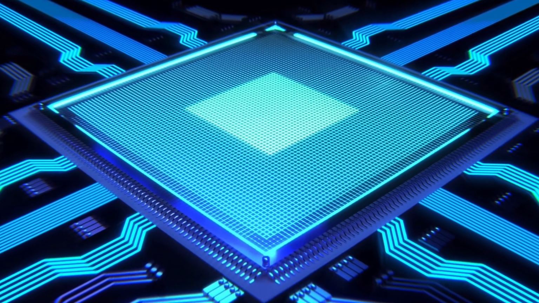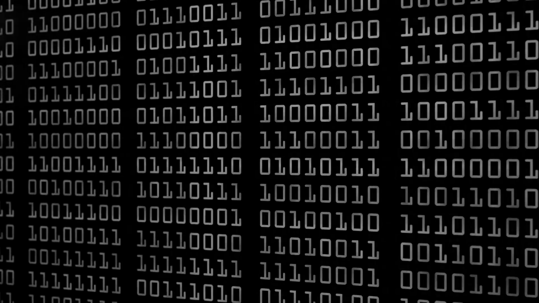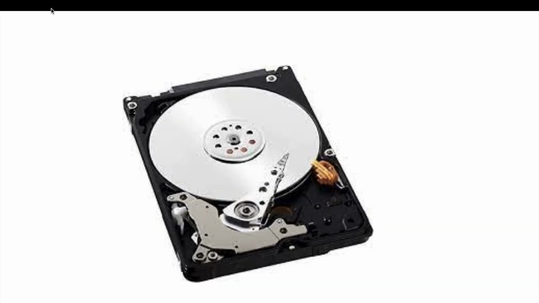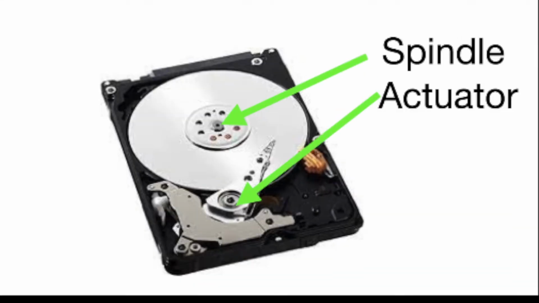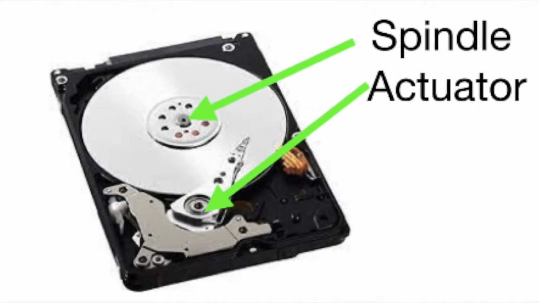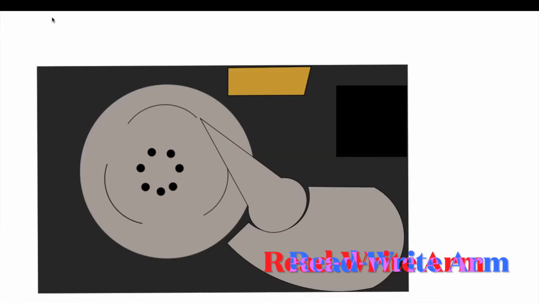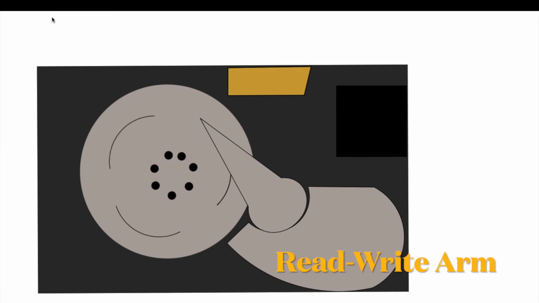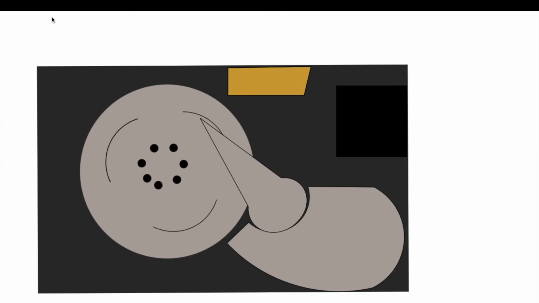How do we download a file to a hard drive? To download a file, the CPU sends the binary information of the file to the central spindle and the actuator of the hard drive. The central spindle rotates the magnetic disk, thereby allowing the read-write arm to move freely across the magnetic disk.